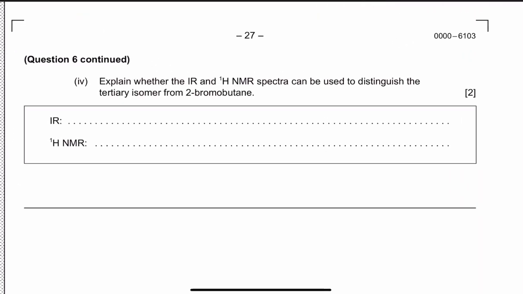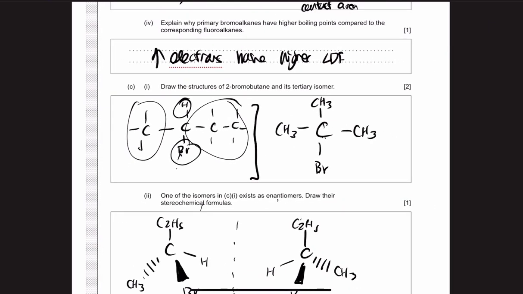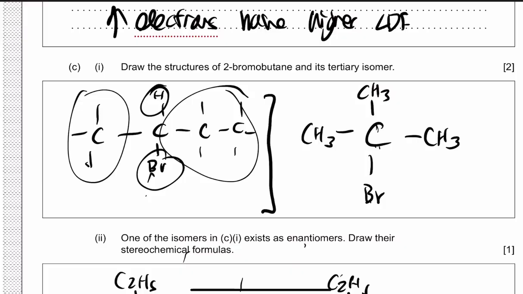Explain whether the IR and HNMR spectra can be used to distinguish the tertiary isomer from 2-bromobutane. You don't need the data booklet for this, so I'll explain it. The IR won't be able to distinguish it. Why? The IR gives you bonds, right? Think about the bonds we have in the 2-bromobutane.